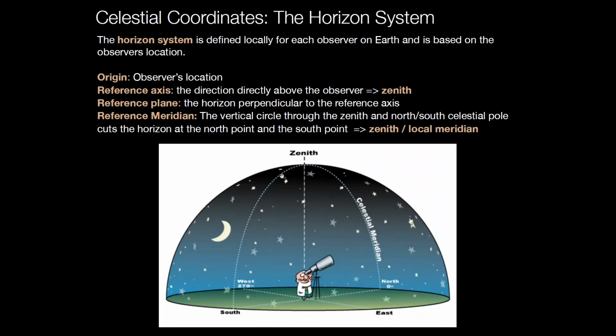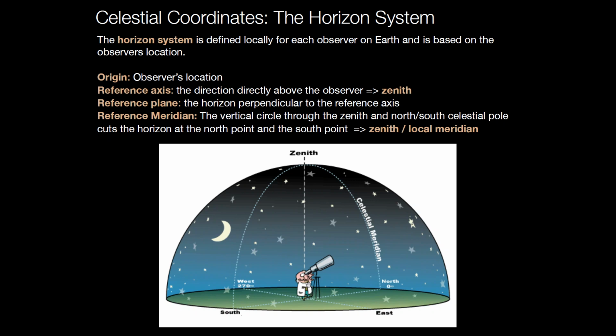And this is called the horizon system. It's defined locally for each observer on the Earth, and it'll be different for different locations on the Earth. And again, this is all just terminology and words to learn. So we can call the observer's location there with this telescope the origin, and we can define a reference axis, which, as we did before, is some axis around which to do our coordinates.